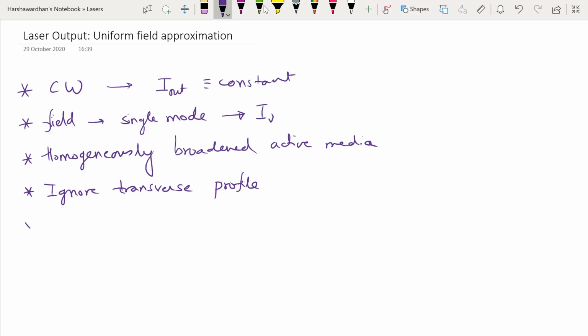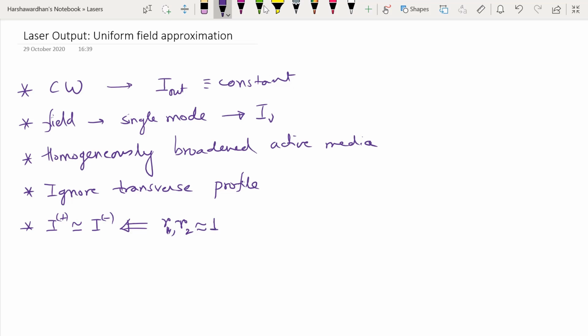Not just that, we are also stating that the field is uniform along the cavity. That would mean that my I_plus and I_minus are comparable. This comes from the fact that my reflectivities R1 and R2 are all quite close to 1.